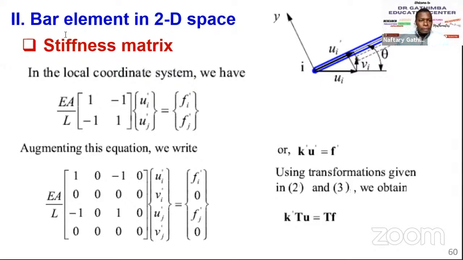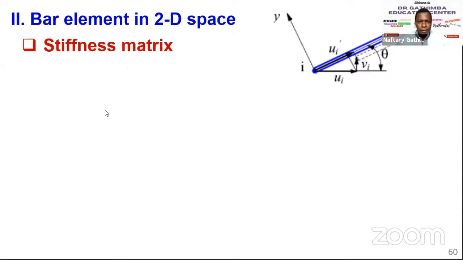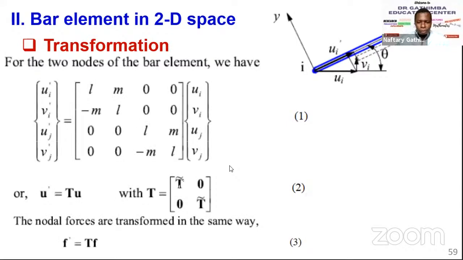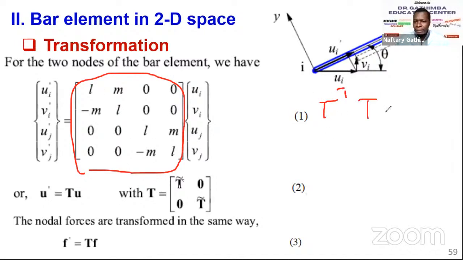All right. What is this now? Yes, we are at this stage. So I was looking at this matrix here. If you get the transpose of this matrix, T transpose, and you multiply by T, you're going to get an identity matrix.